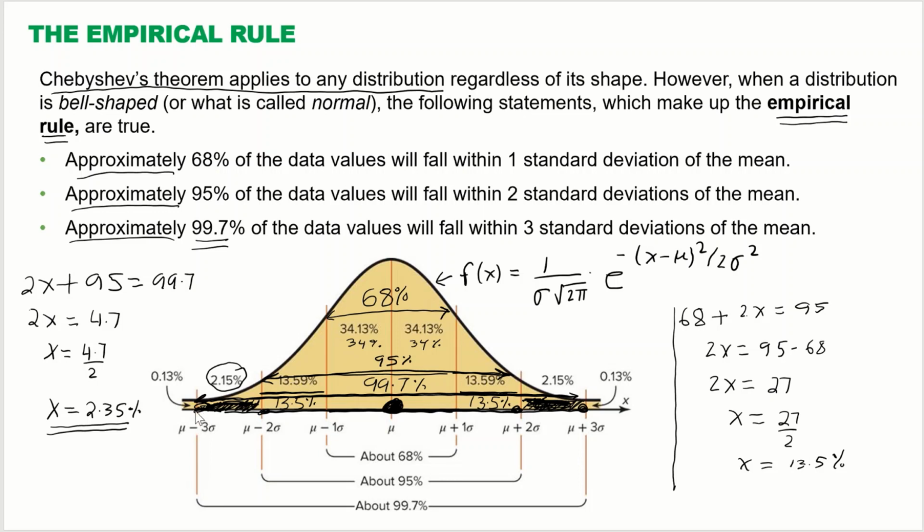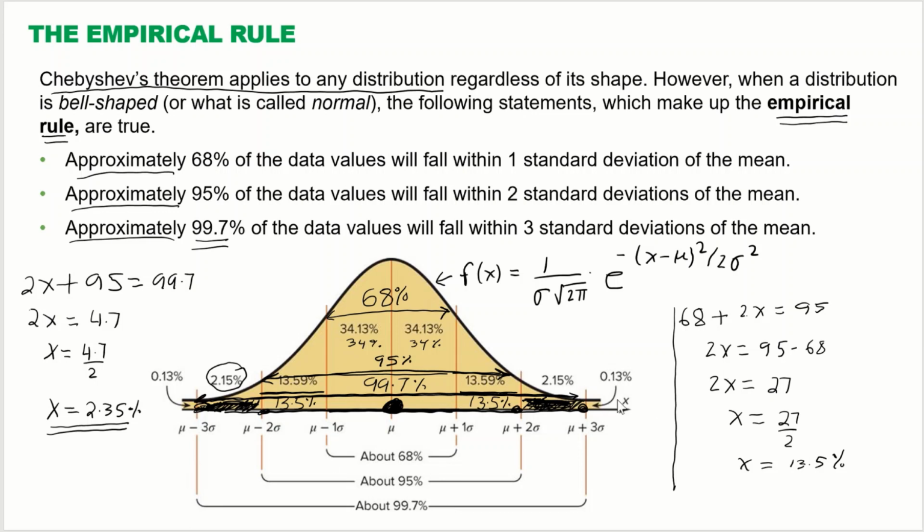Finally, the amount of data that is below 3 standard deviation and above 3 standard deviation is 100% minus 99.7%, because the data within 3 standard deviation is 99.7%. So 100 minus 99.7% will be 0.3%.